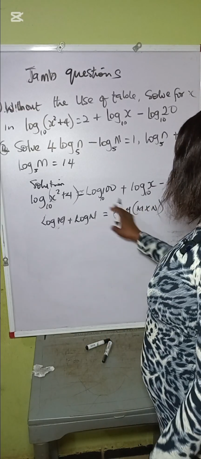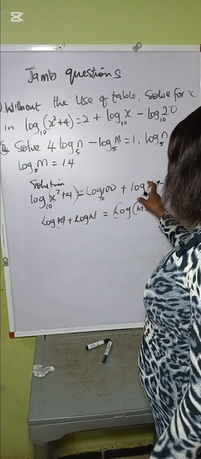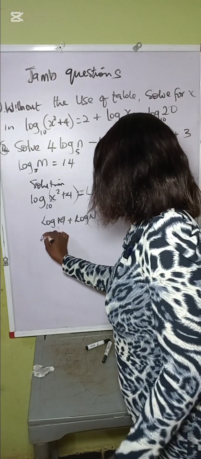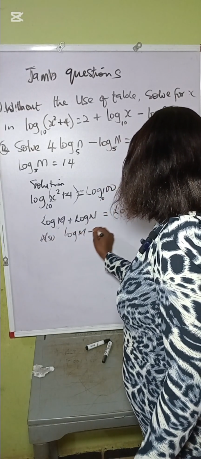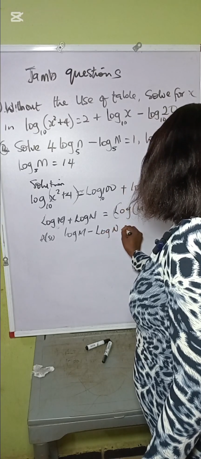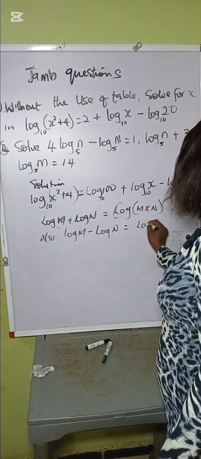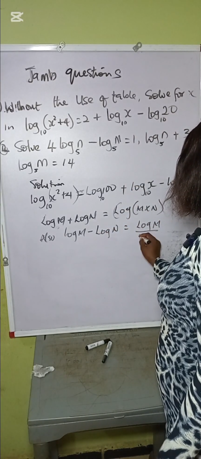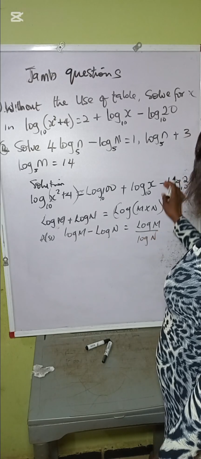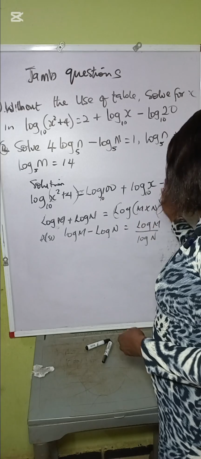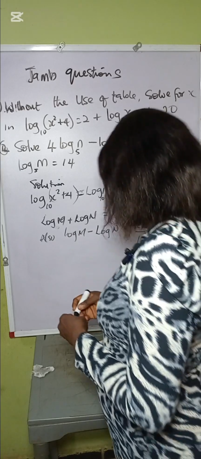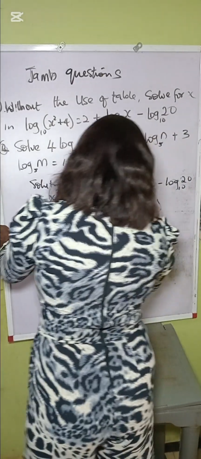That is what we are going to do. So in other words, we are going to multiply this and this. Also, log m minus log n is equal to what? Log of m over n. So we are going to apply the division or quotient rule in this particular one. Okay, so let's start.